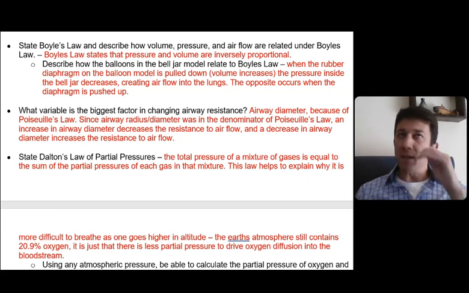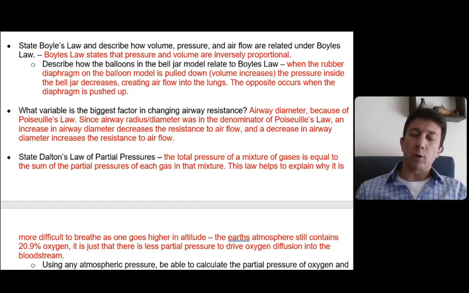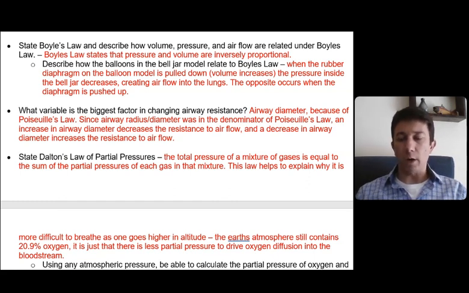And so what I mean by that is that if we think about the inhalation part of the respiratory cycle, when we inhale, our thoracic cavity and our lung volume is increasing. And Boyle's law states that if the volume increases, the pressure inside of the lungs, inside of the alveoli, is going to decrease, at least compared to the atmospheric pressure.